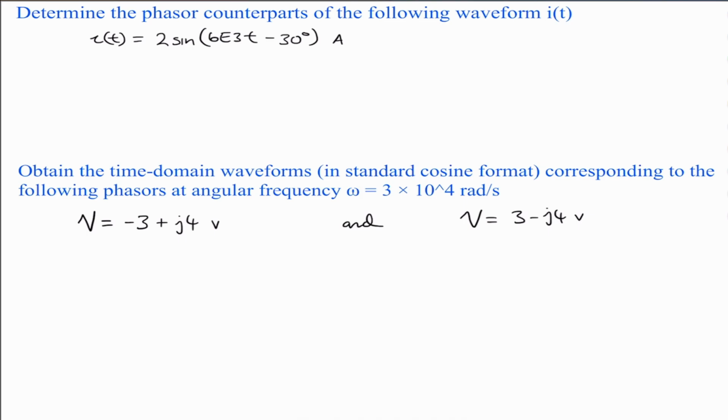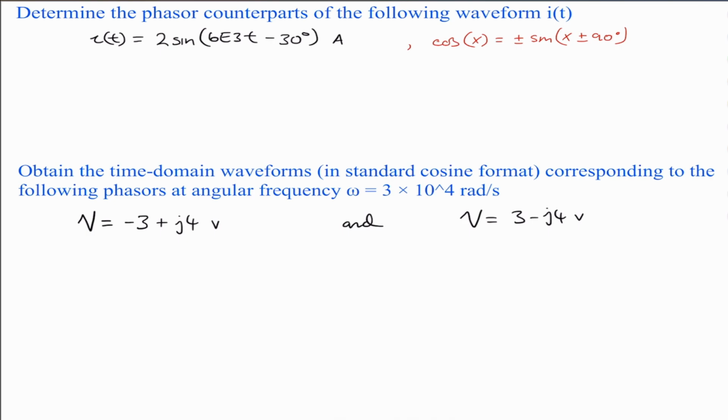Thus, we want to use our trig identity to convert this signal to cosine, and our identity is cosine of x equals plus or minus sine of x plus or minus 90 degrees.